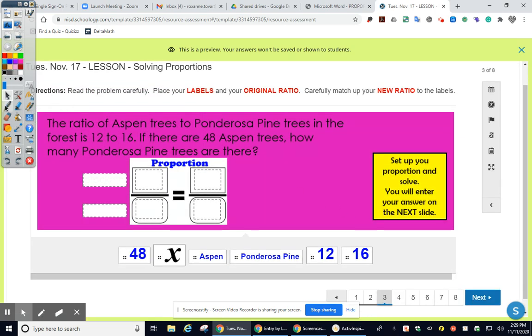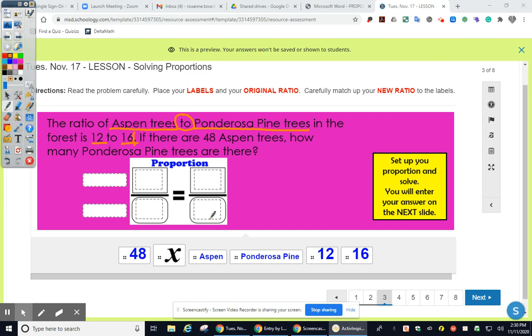All right, let's try another one. It says the ratio of aspen trees to ponderosa pine trees in the forest is 12 to 16. All right, I'm going to label my key things. I have aspen trees to ponderosa pine trees, 12 to 16. I'm going to stop after my first sentence because my first sentence is going to help me set up a lot.